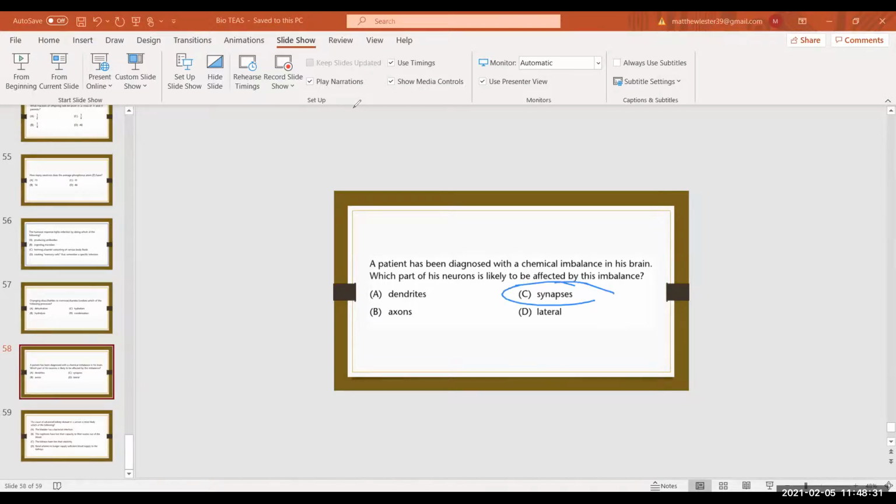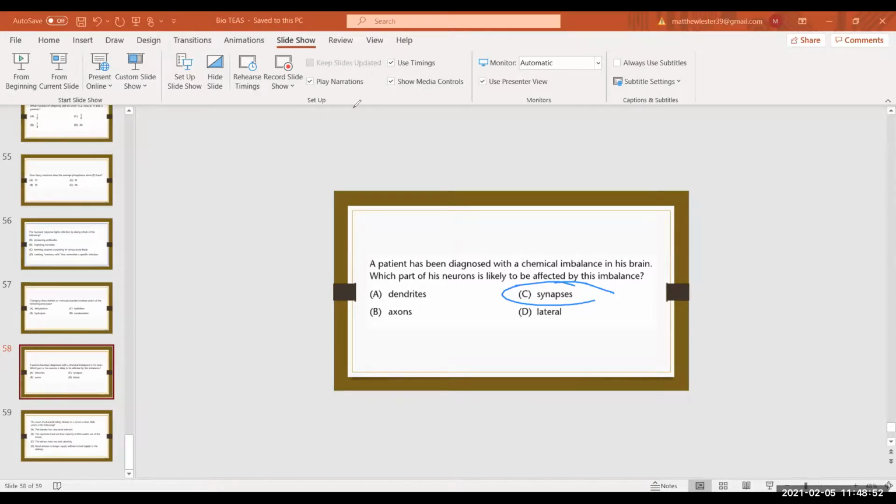Synapses are where neurotransmitters are released by the neuron to communicate with other neurons. If you have a chemical imbalance, that's another way of saying that you maybe aren't releasing the proper amount of neurotransmitters, or maybe you're releasing too much of a certain neurotransmitter. So a chemical imbalance would happen at synapses.